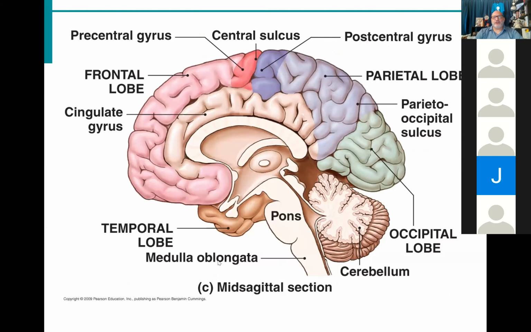However, let's look at the orientation of this. Notice this structure right here is that optic chiasm. That is that bundle of axons where we have that partial crossing taking place. And right beneath it is the pituitary gland.